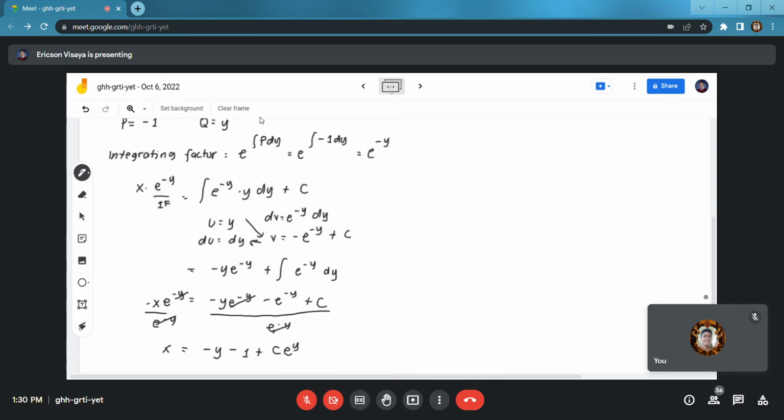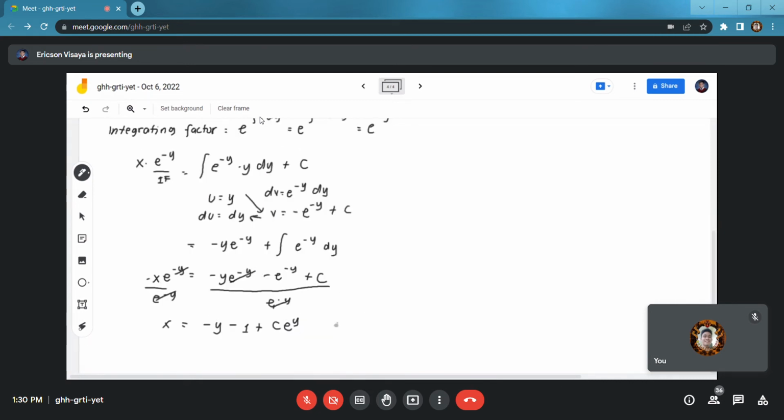So our answer here is x is equal to c e raised to y minus y minus 1. Nothing can cancel here. Next, divide both sides by negative y e raised to negative y.